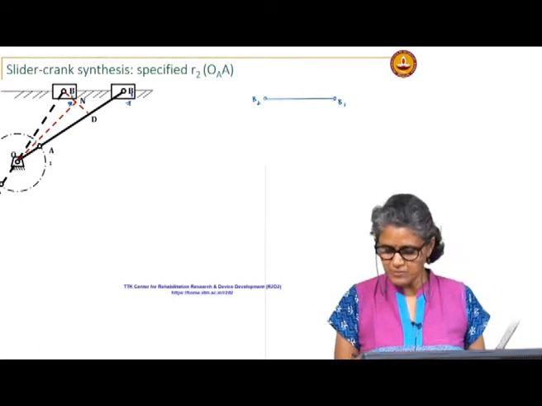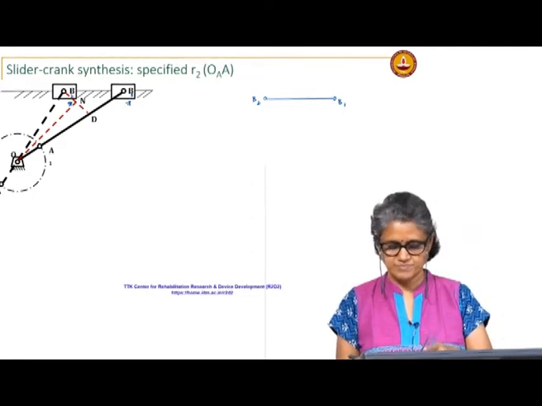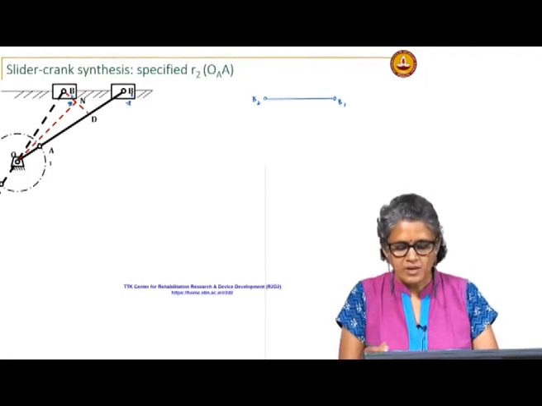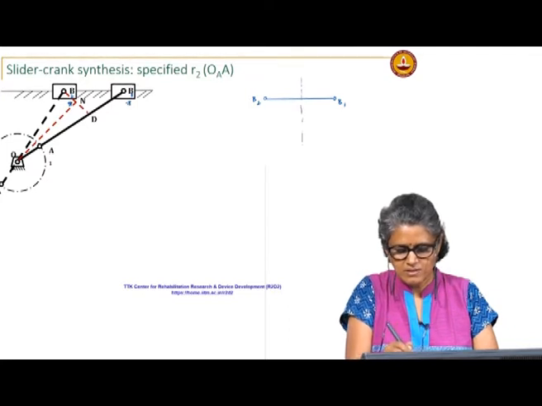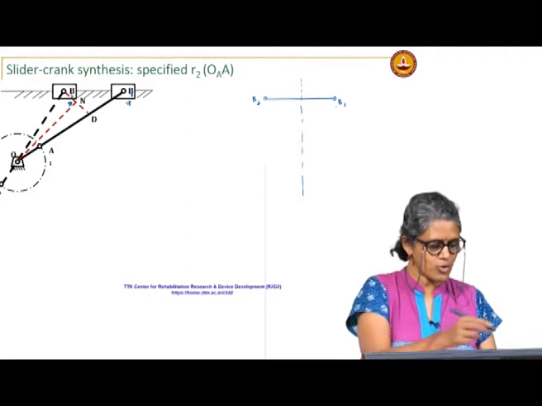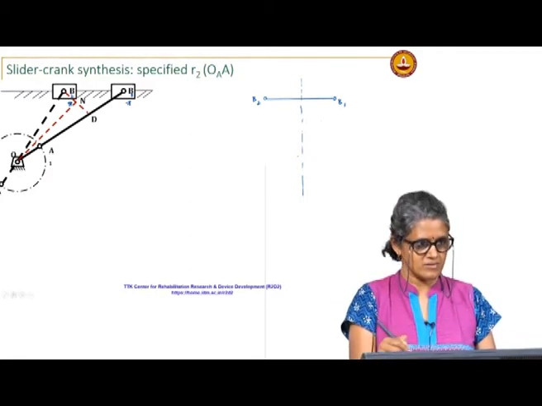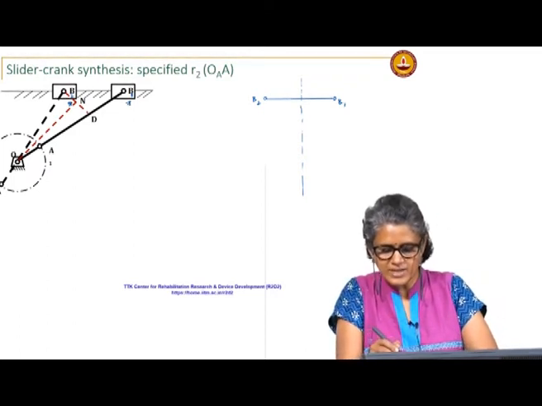So you have B1, B2. Then I construct the perpendicular bisector of this. So my OA will still lie on the circle which makes a central angle of 2 delta.